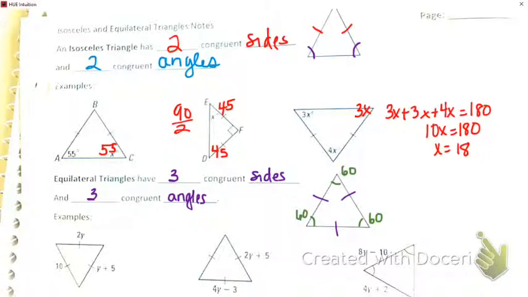Either know it or just find it every time, but the angles in an equilateral triangle are always 60. Now, when I look at my examples down below, that does not mean that these sides equal 60. Be really, really careful. What I have seen in the past, students get confused between the angle and the side, and they start setting sides equal to angles.